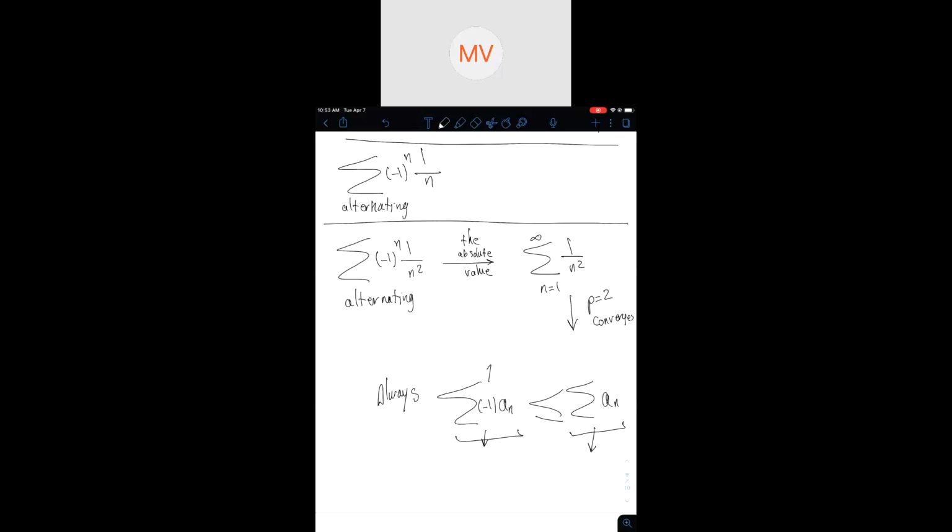If the absolute value one converges, like this example, we say this original one converges absolutely, meaning not only the alternating one converges, also the absolute value one converges as well.